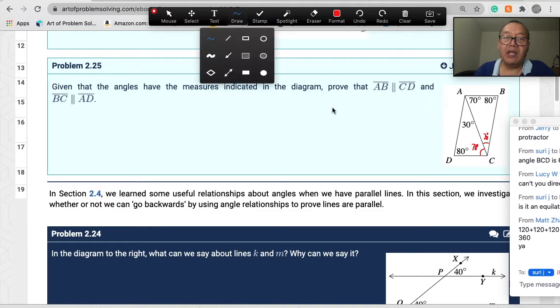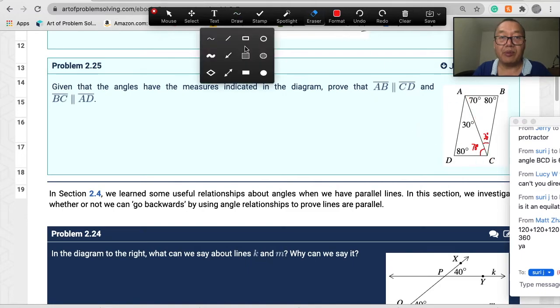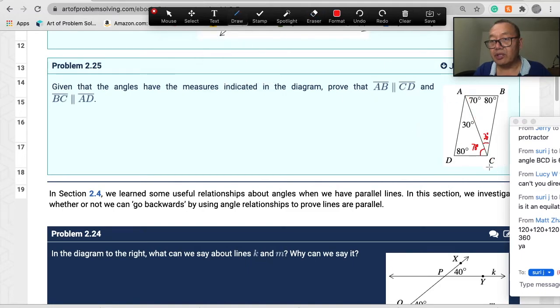Then you can extend this line AC. Suppose you extended this line AC like this. What I drew is not good, I need to make this overlap each other. Suppose I extended this line AC like this.